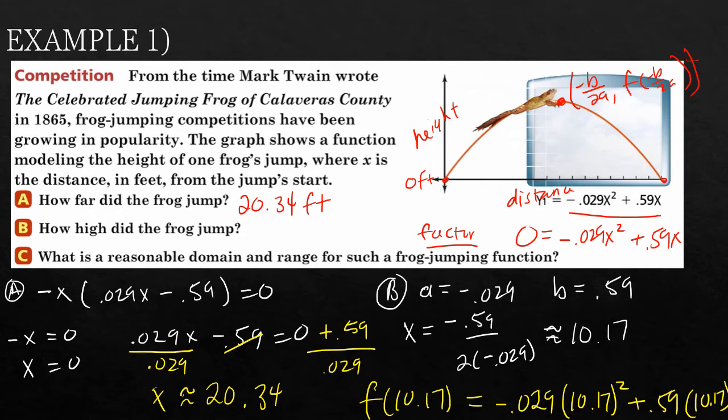We get approximately 103.43. And then we're going to multiply that by negative 29 thousandths.